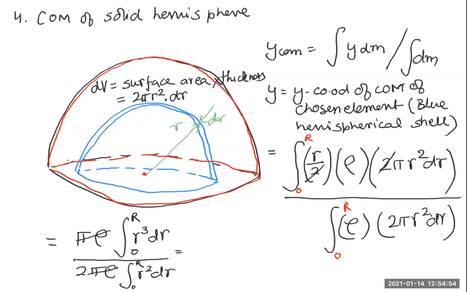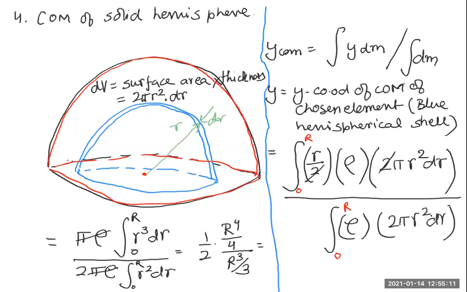This will be equal to 1 upon 2 into R power 4 by 4 divided by R cube by 3, which is equal to 3R upon 8.